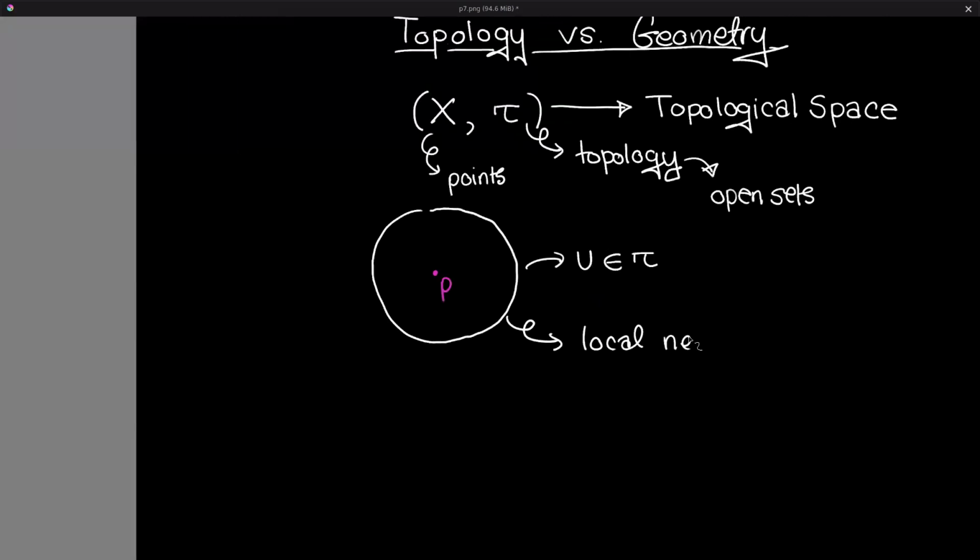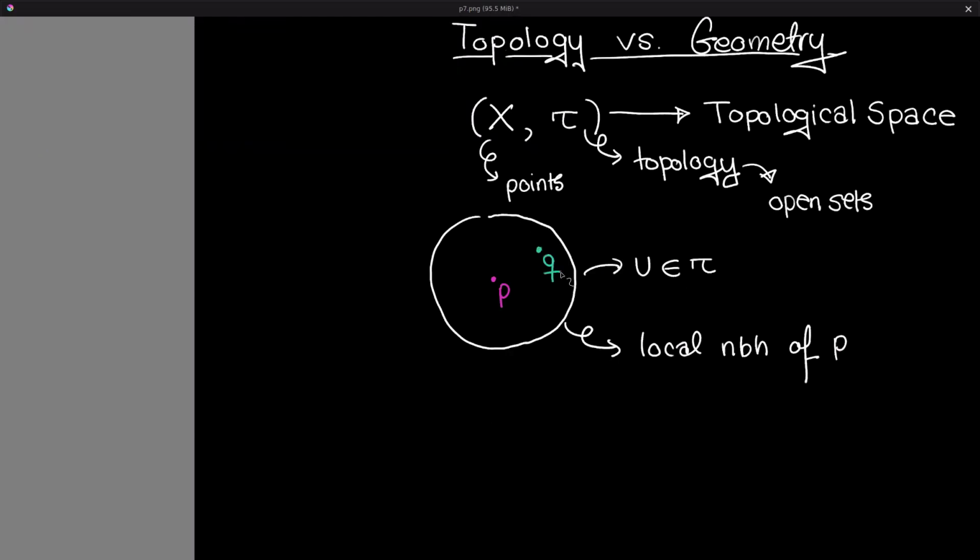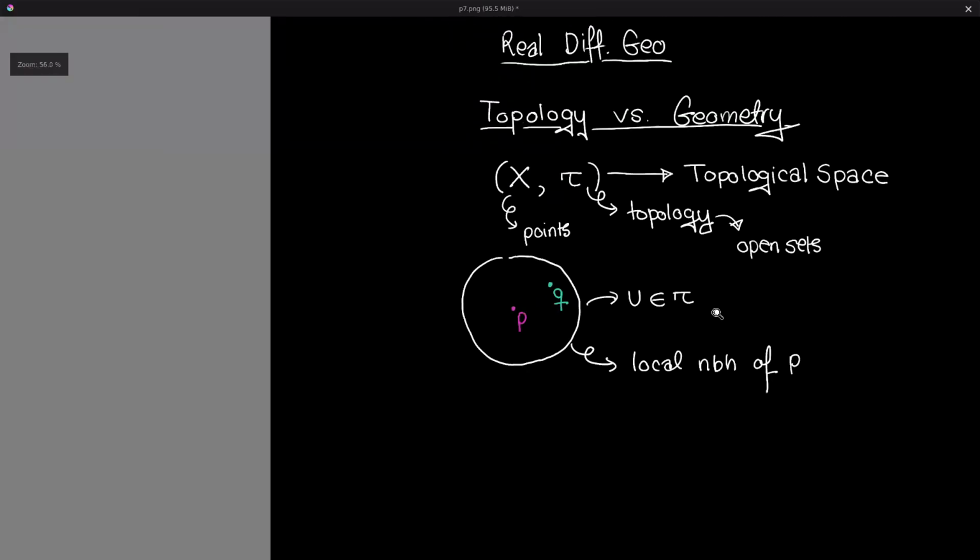I'm going to shorten that, neighborhood of P. And we could say that P and Q are close together if there's an open set that contains both P and Q. And notice that we're only using set theoretic notions so far.